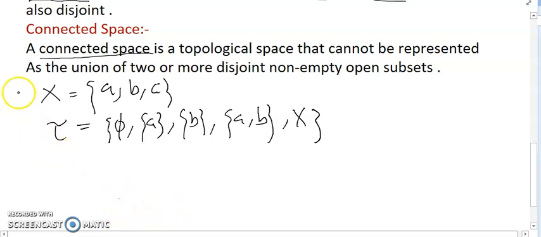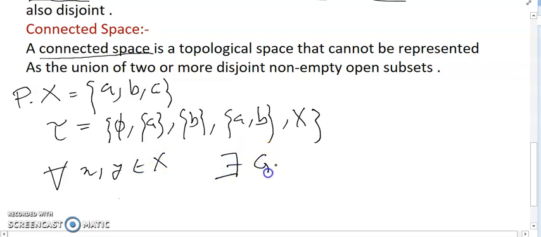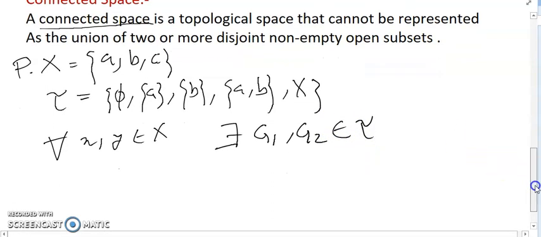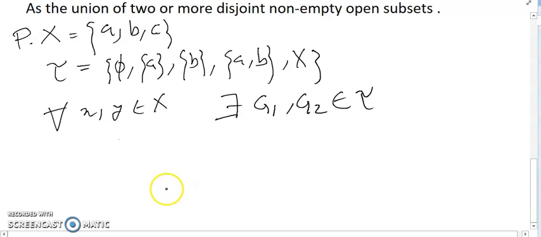Now for P, for all x, y in X there exist G1, G2 belonging to τ such that, this is the condition of the Hausdorff space, x belongs to G1 and y belongs to G2.